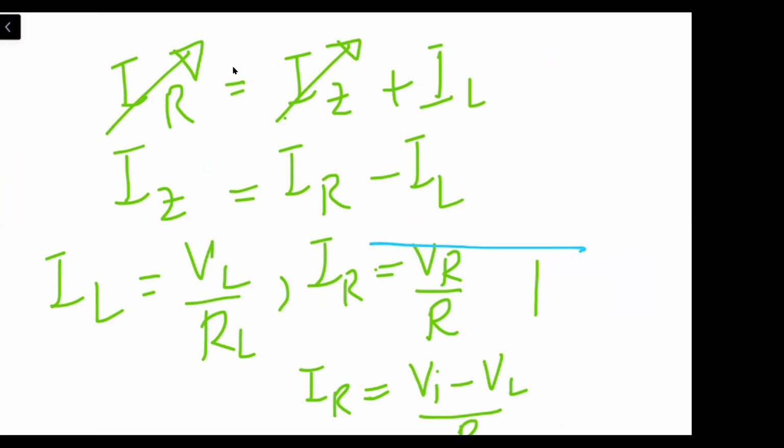And similarly, if I decrease the value of Vi, there will be a decrease in IR, and the decrease in IR will be countered by the decrease in IZ, right?